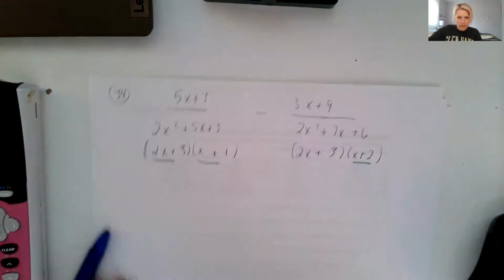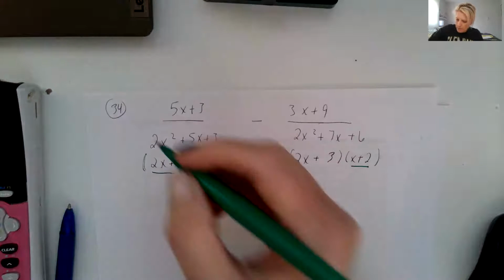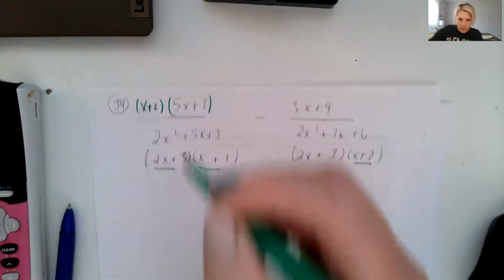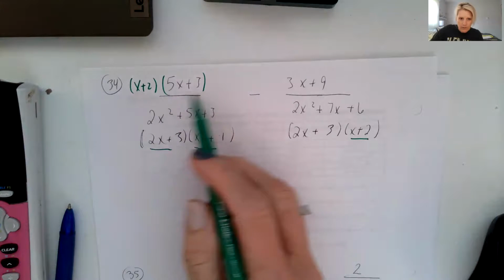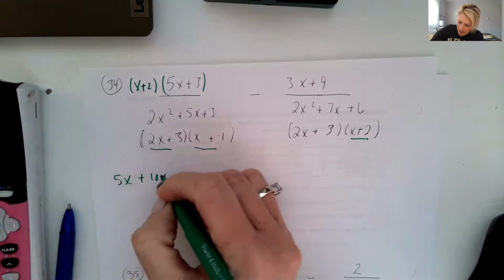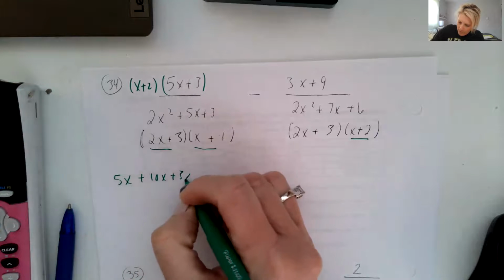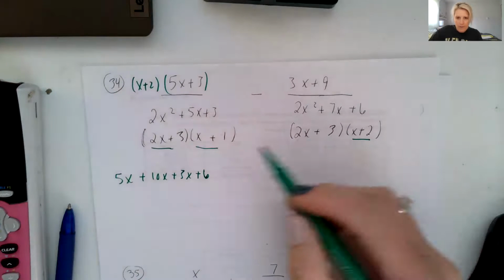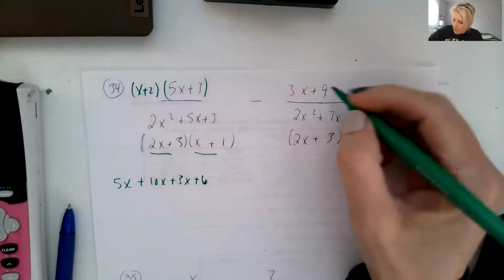So the first fraction here is missing the x plus 2. So those will get multiplied. So let's do that. So that's 5x squared plus 10x plus 3x plus 6. And then the second fraction is missing the x plus 1.